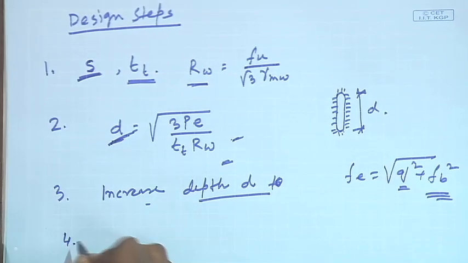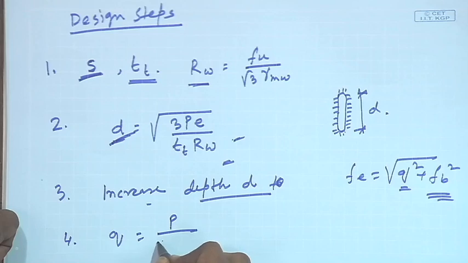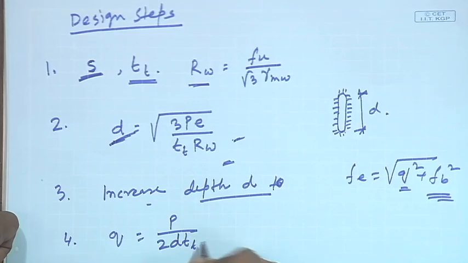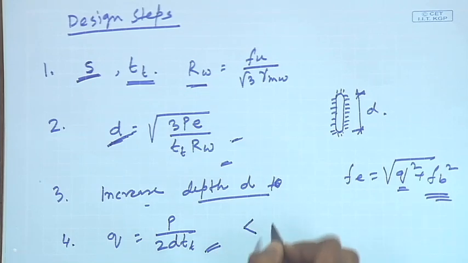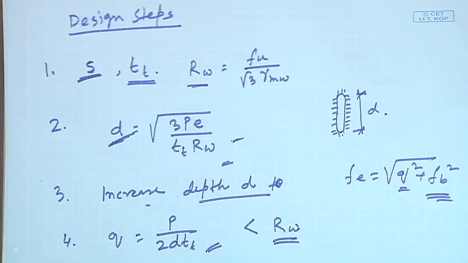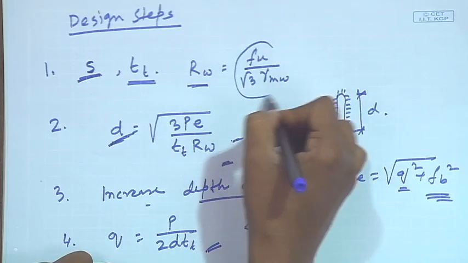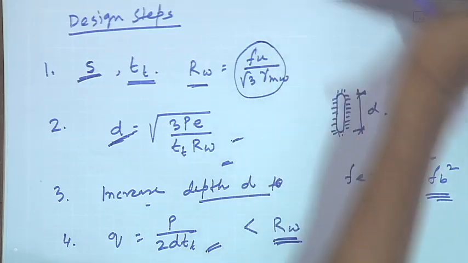In the next step, we can find out the direct shear stress, that is q. Q we can find out from P by 2D into dt. From this we can find out, and it has to be less than Rw, right. Rw means the weld strength. So, it has to be less than the weld strength. Then we can find out Fb.